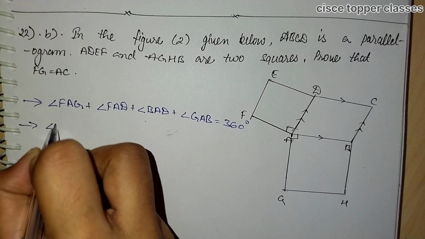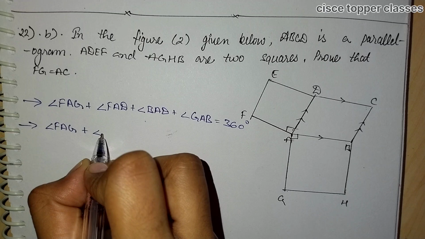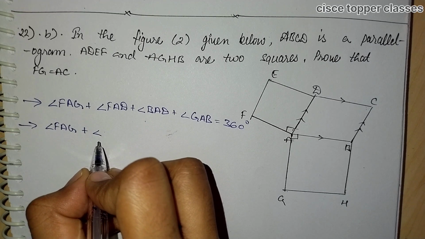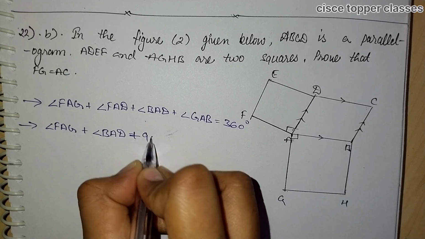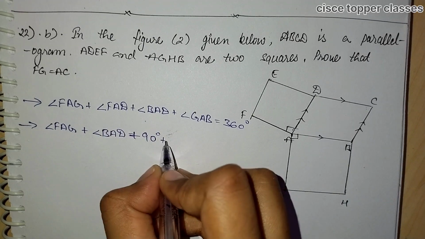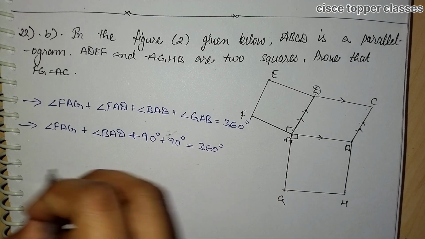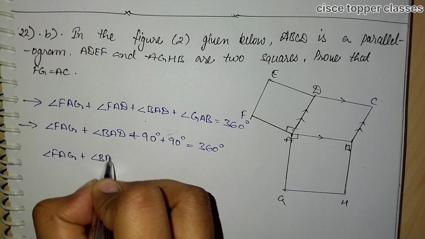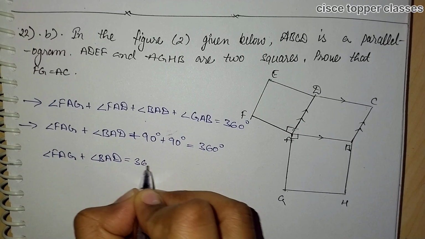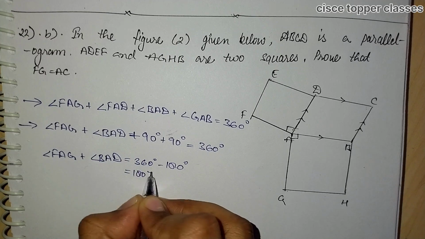So we can write angle FAG plus angle BAD plus 90 degrees, FAD, because it is a square, and again this is also 90 degrees, which will be equal to 360 degrees. Means angle FAG plus angle BAD is equal to 360 degrees minus 180 degrees, and this will be 180 degrees.